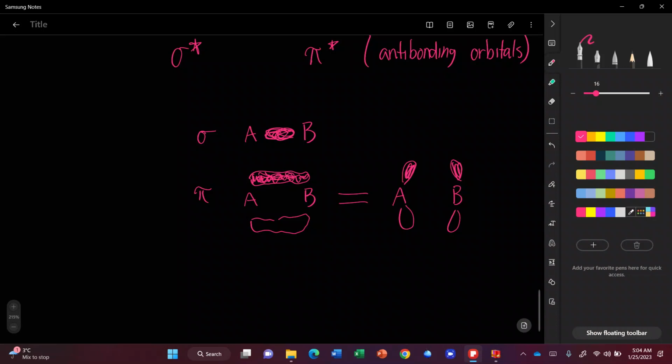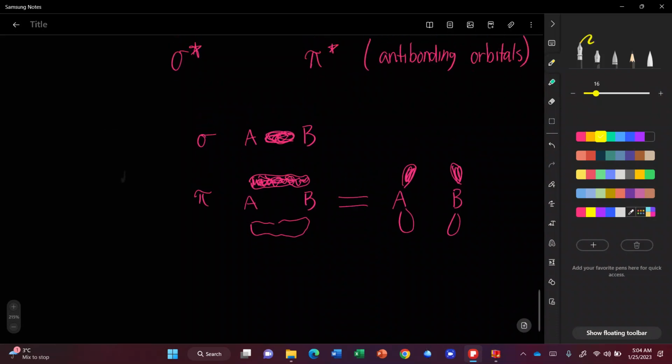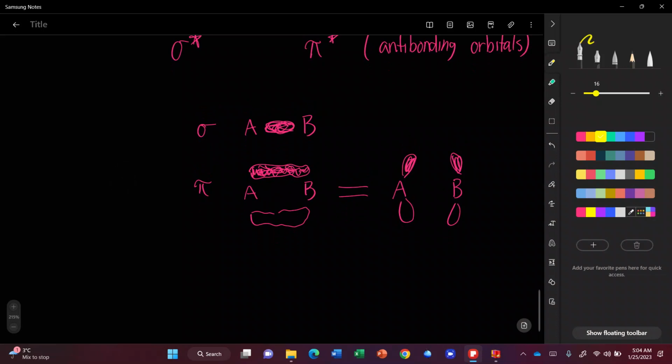But I want to talk about what a sigma star and pi star orbital look like, because you might not actually know that, since we don't ever draw them. If you have a molecule where A is in a sigma bond with B, obviously the sigma orbital, if I were to draw it, would be right here.